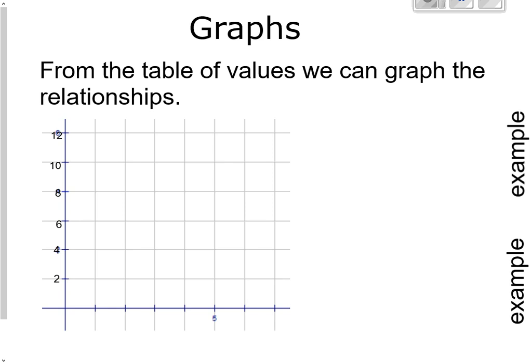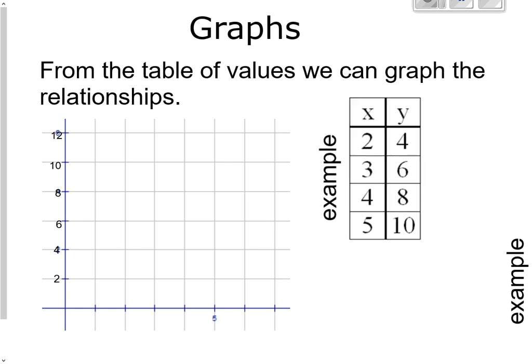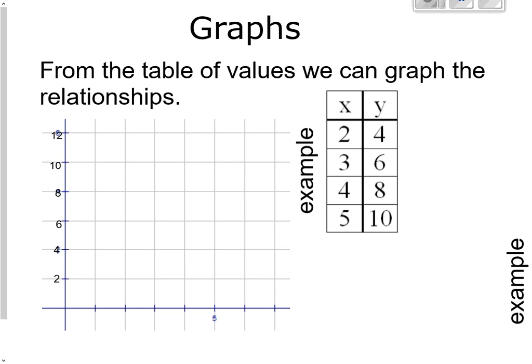Okay, so from a table of values, we can graph relationships. So let's graph this. So if I have 2, 4, and 3, 6, and 4, 8, and 5, 10.